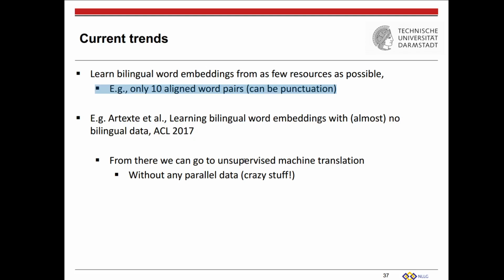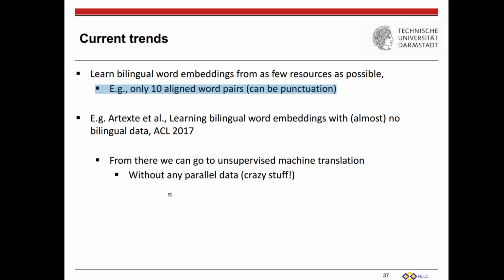Because most of machine learning and deep learning nowadays is still supervised, you need to have this parallel data. But with approaches that build on this unsupervised bilingual word embedding induction, people then also came to doing machine translation that doesn't use any parallel data.